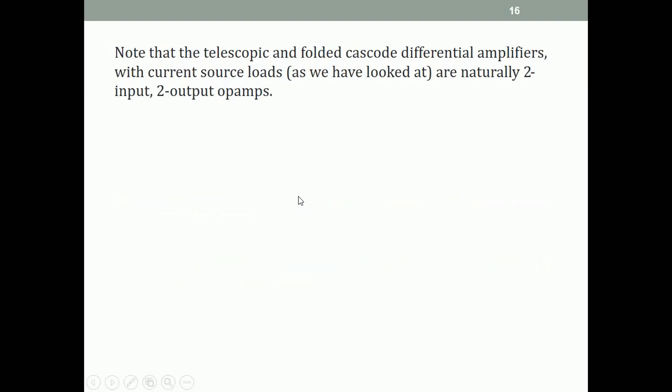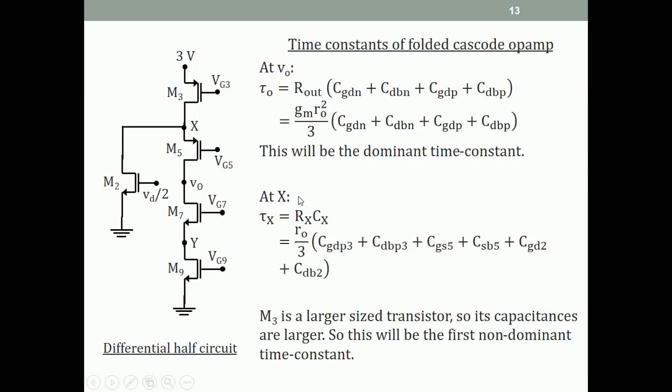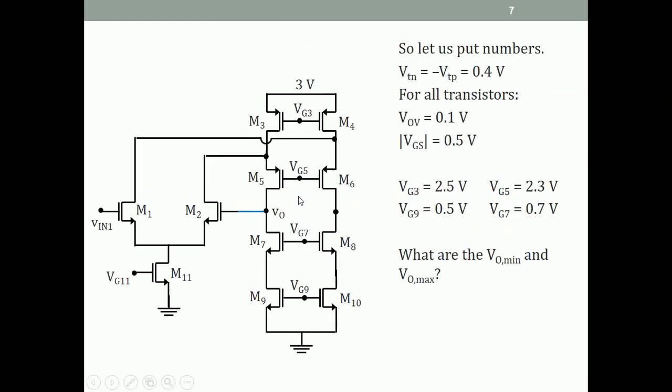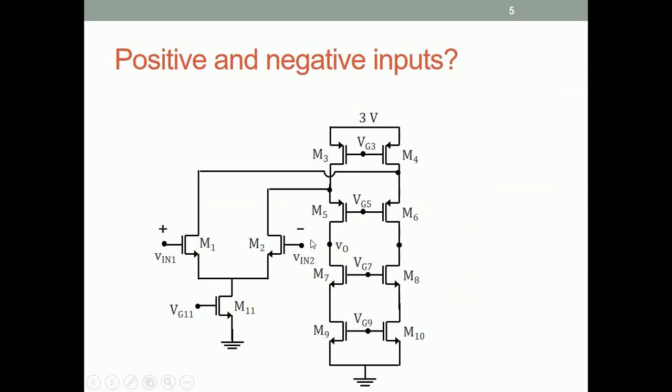One more note. If you look at this circuit, where is this circuit? The op-amp. Now let me go back to this one. So this circuit is naturally a circuit where the output can be taken differentially, or the output can be double-ended.